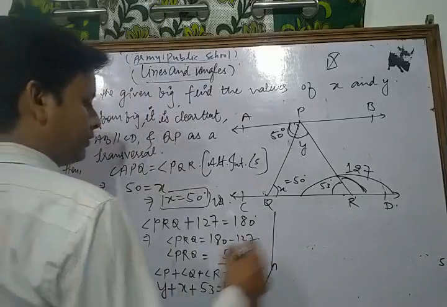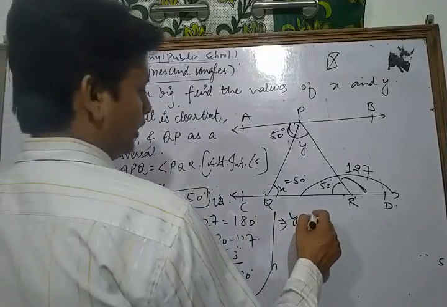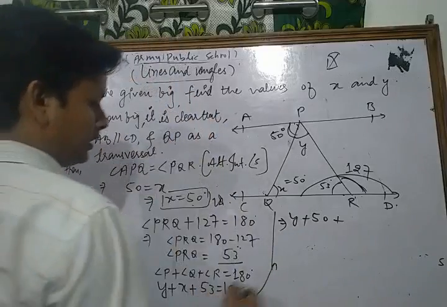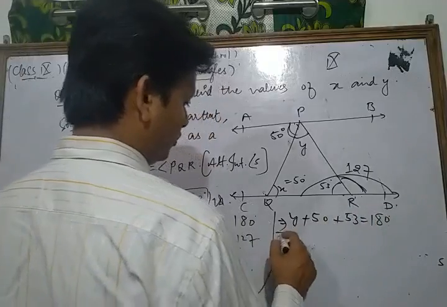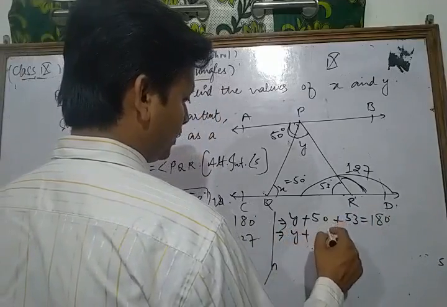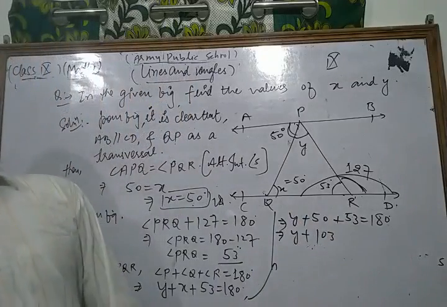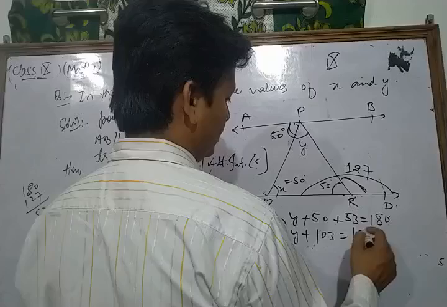Now here the value of x is 50, so we put 50, and plus 53, equals 180. Now we get y plus 103 is equal to 180.